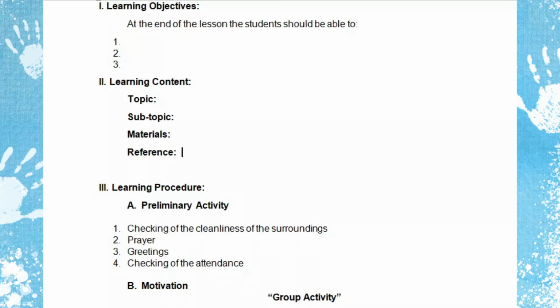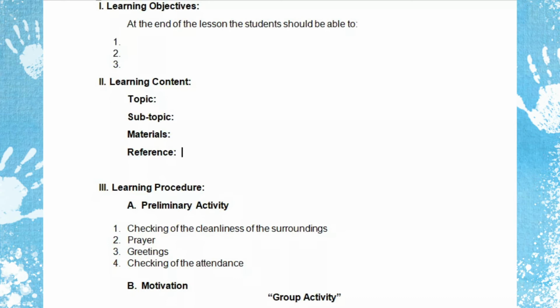So number one, we have learning objectives. Then the second, we have learning content. Then under the learning content, we have the topic, subtopic, materials, and the reference. Then number three, we have the learning procedure. So we have letter A, preliminary activity. We have 1, 2, 3, and 4.